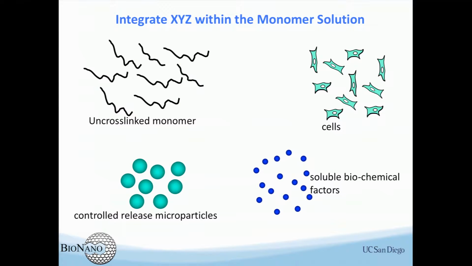And the process actually involves many different materials, including this monomer, and you can put cells in the solution because it's a solution, and you can put some other materials like growth factors, controlled release particle drugs in the system to help the cells to grow.